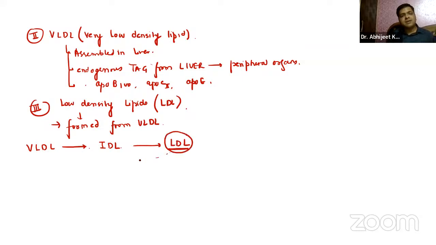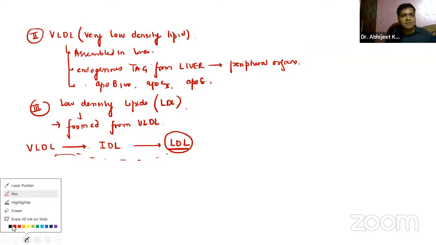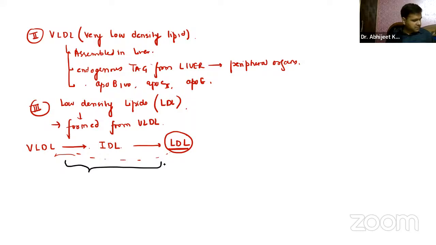So I can indirectly say that LDL comes from VLDL. This conversion is called the lipoprotein cascade pathway.